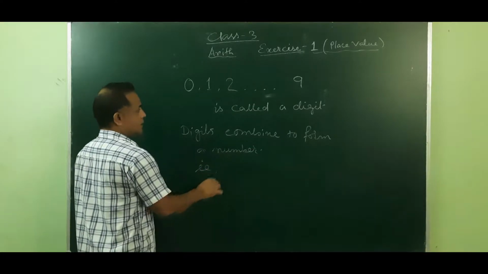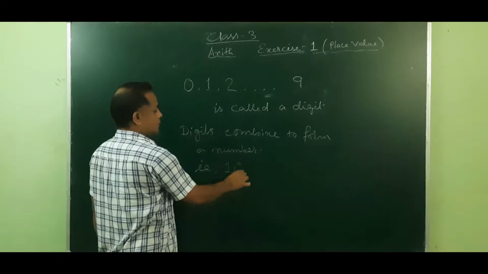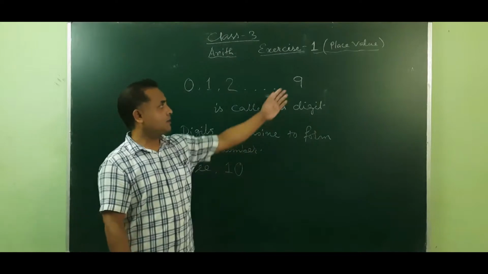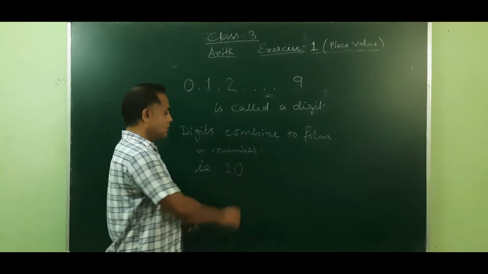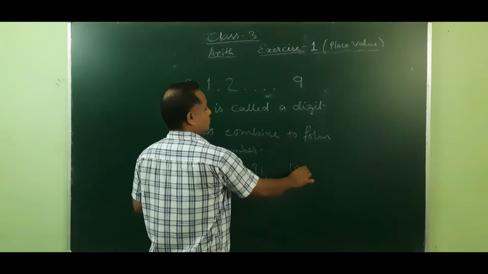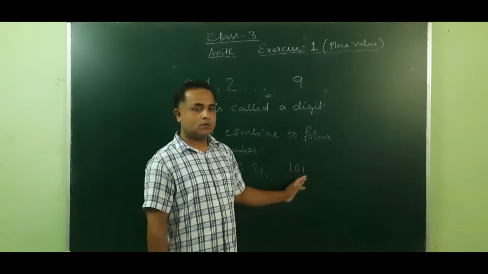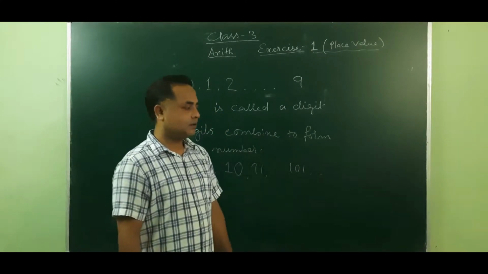Suppose that is 10. After 9 comes 10. So here there are 2 digits, so it is a number. 11 is also a number. 101 is also a number, and so on up to crore, infinite.